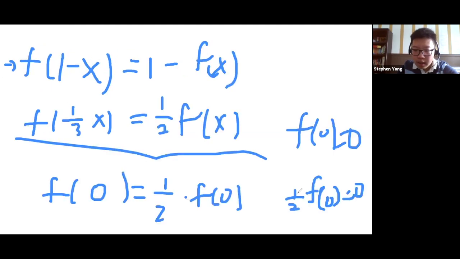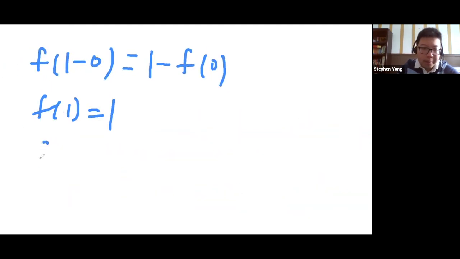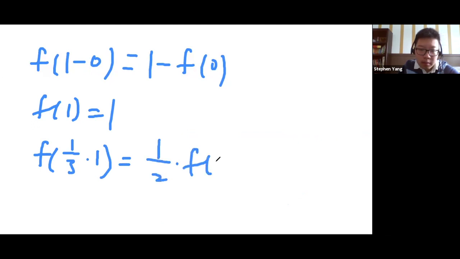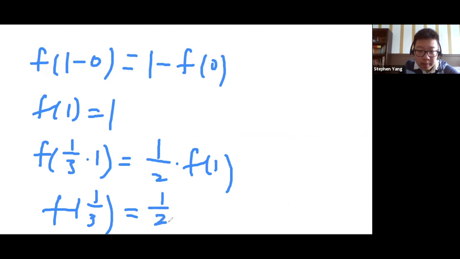And then use the second rule again. So f of 1/3 times 1 is equal to 1/2 times f1, which means f of 1/3 is equal to 1/2.